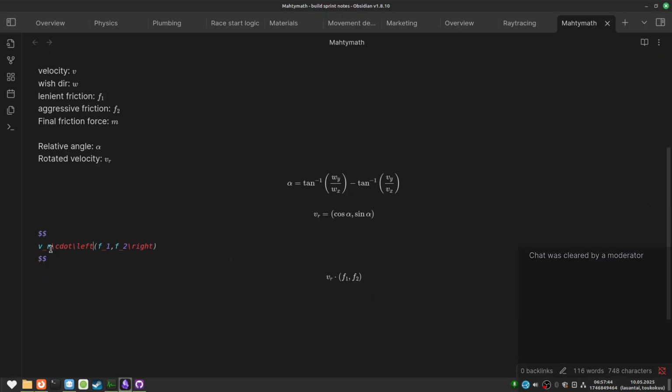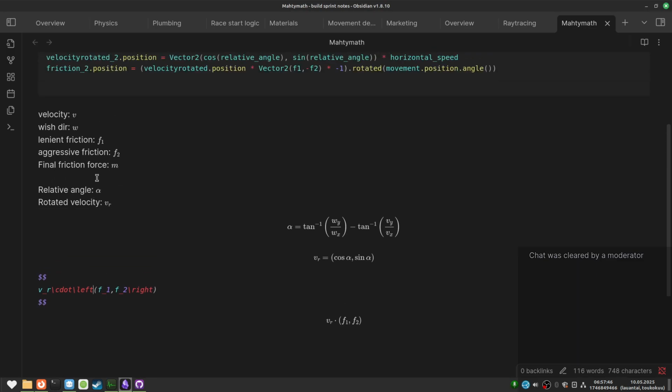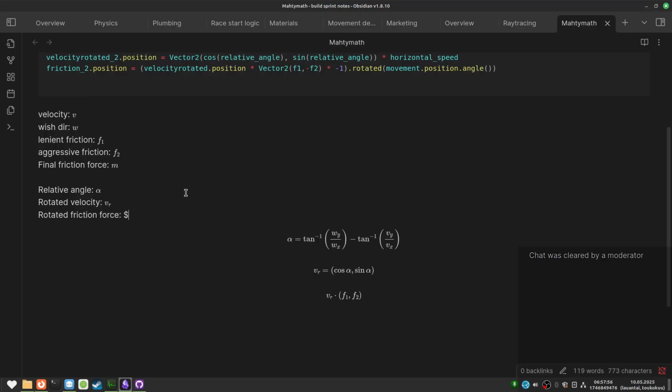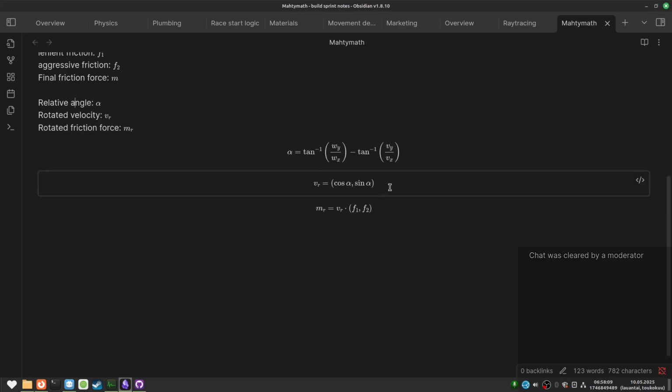Star friction. Yeah, so this is the rotated friction force, and now we need to rotate it back.